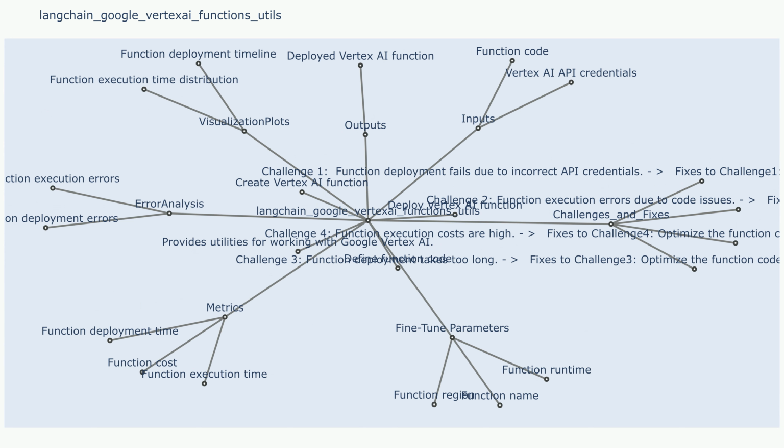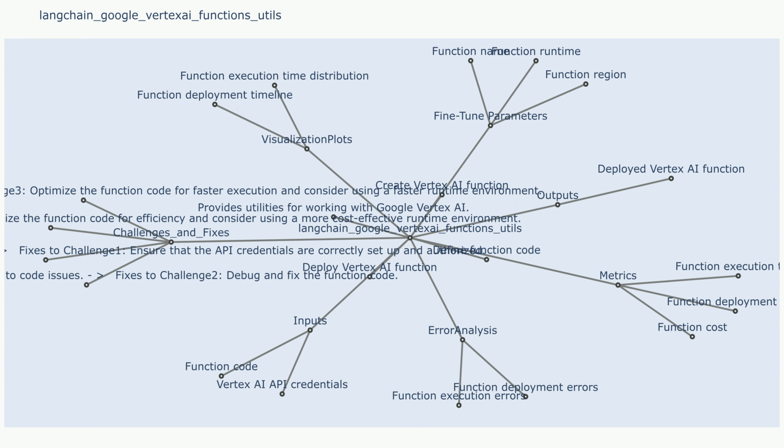Fixes to challenge 1. Verify function compatibility. Ensure your function is written in a supported language and that it adheres to Vertex AI function specifications. Check endpoint configuration. Carefully review the endpoint configuration, ensuring it aligns with your function's requirements and available resources.